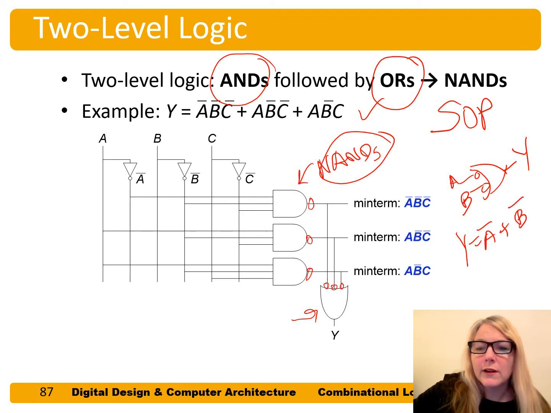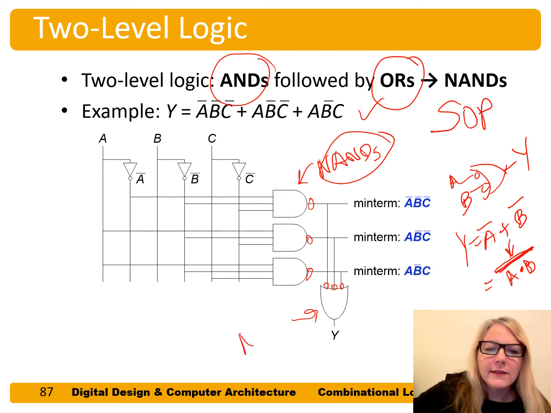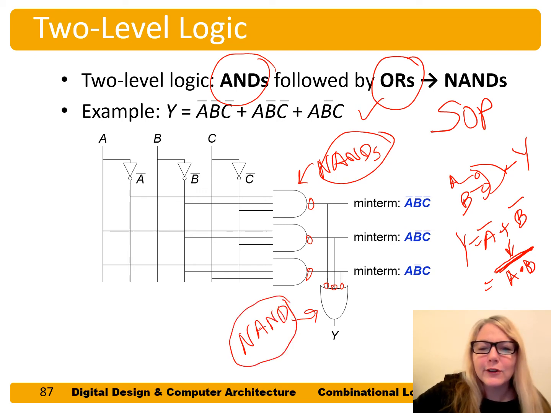We know that using De Morgan's, reversing De Morgan's, usually we're distributing that bar, but in this case, OR turns into an AND and both of these go under the bar. So y equals a bar or b bar is the same as y equals a and b, all of that bar, which we know is a NAND gate. So this is also a NAND gate, just a different kind of schematic version of that.